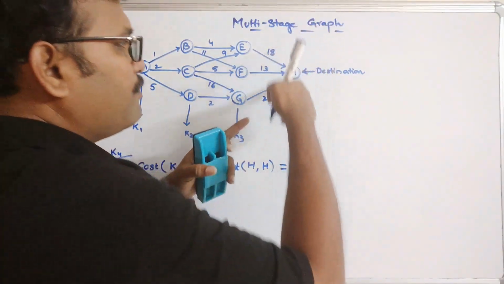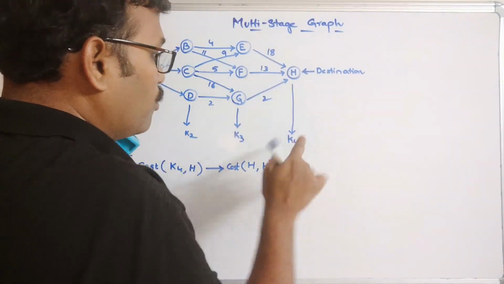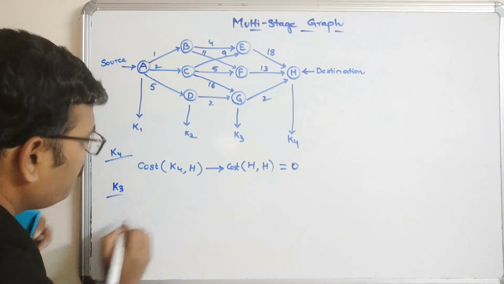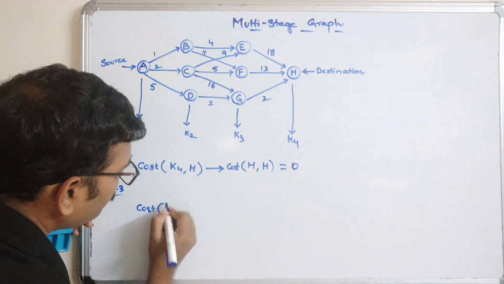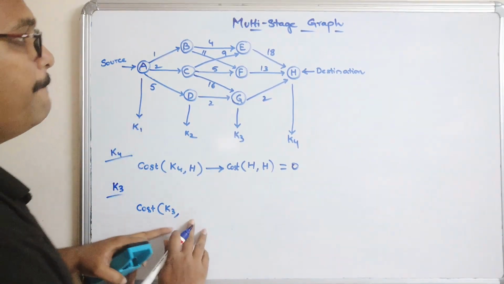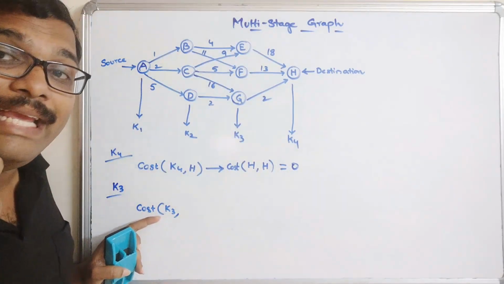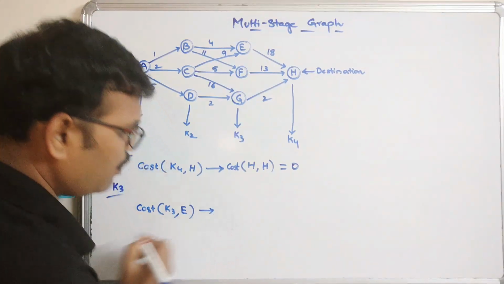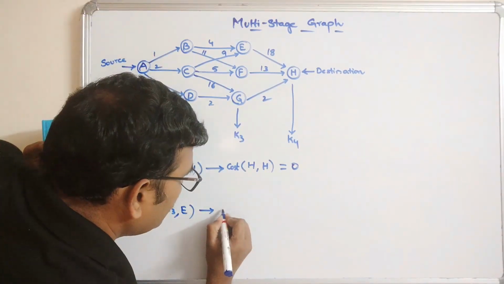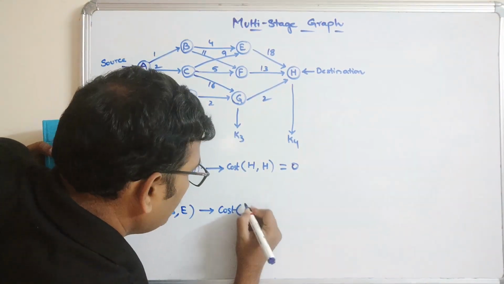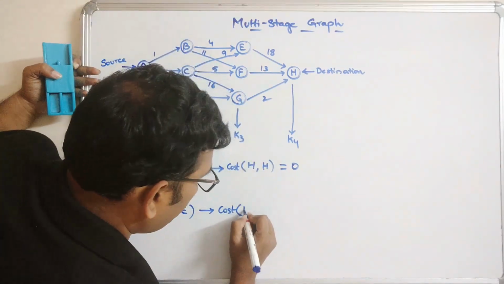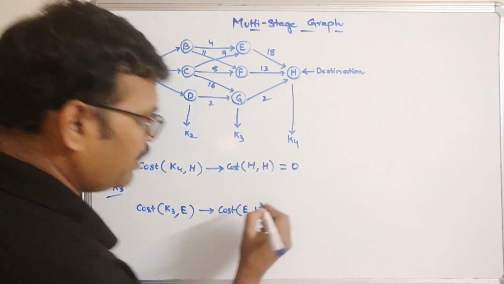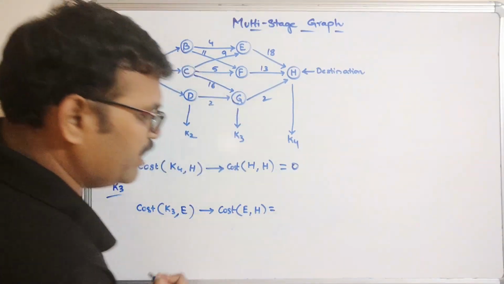Now, any other vertex available in K4? No. Now we can move with K3. The cost of K3 comma, let us find out for E. So cost of E to destination, what is the cost of E to destination here?